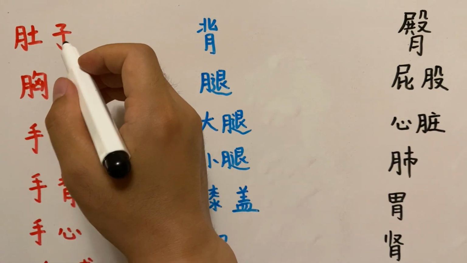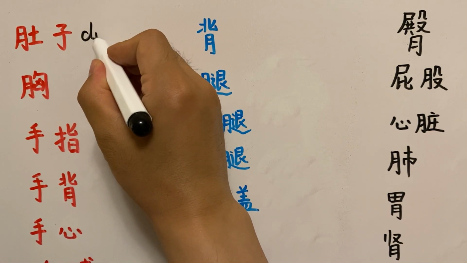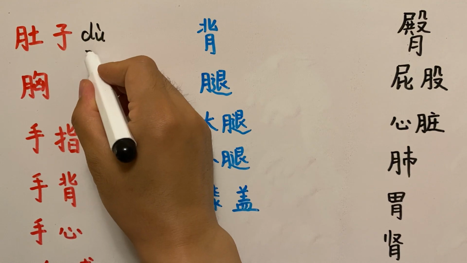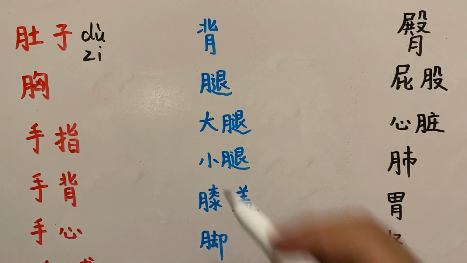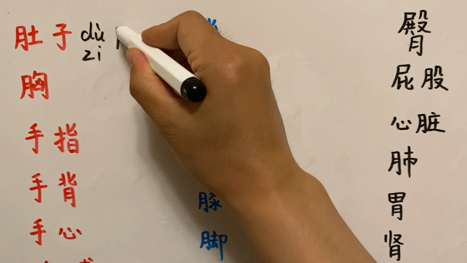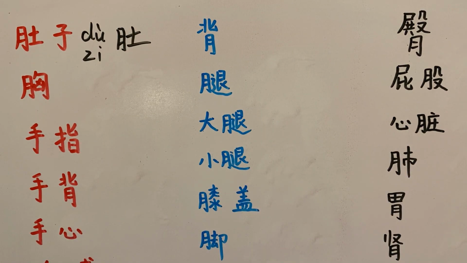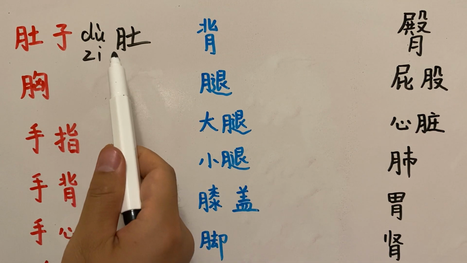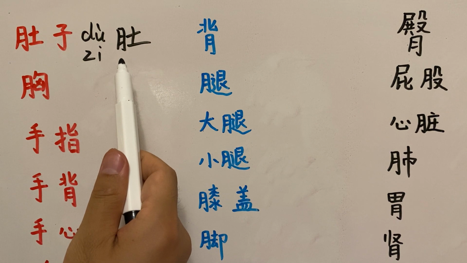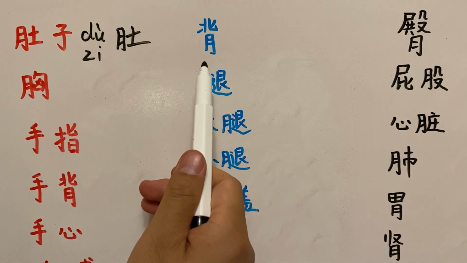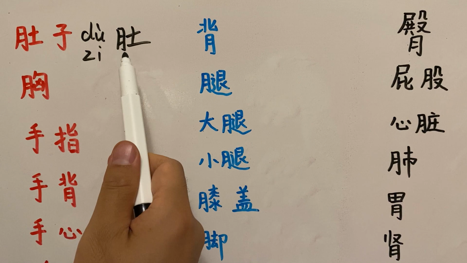The Chinese pinyin is 肚子, so it's written like this. You may notice from our previous video that many of these body part characters have the same left part or lower part, 月, right?